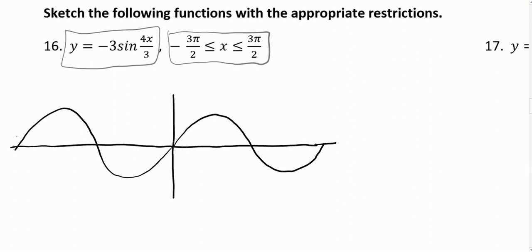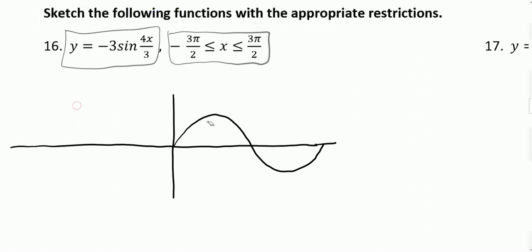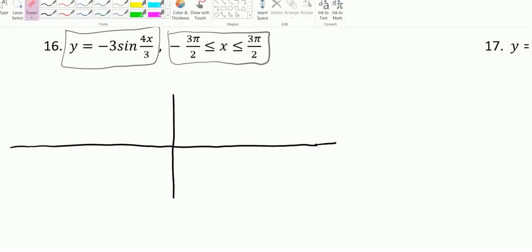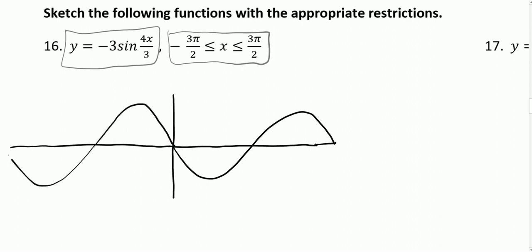I should have looked earlier, but notice there's a negative sign, so I need to flip this upside down. So let's redo this. Flip the sine function upside down, one period on the right-hand side, and one period continued on the left-hand side.